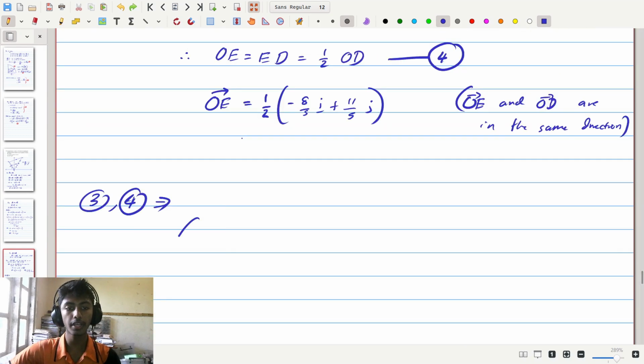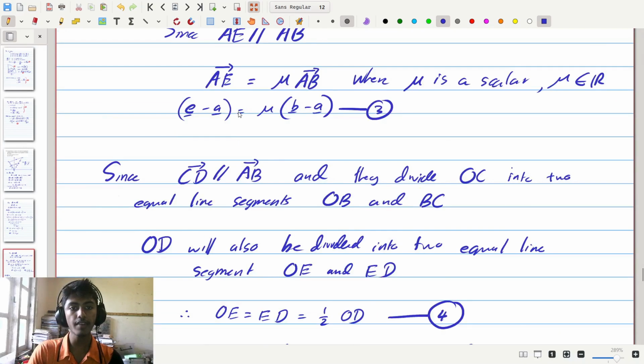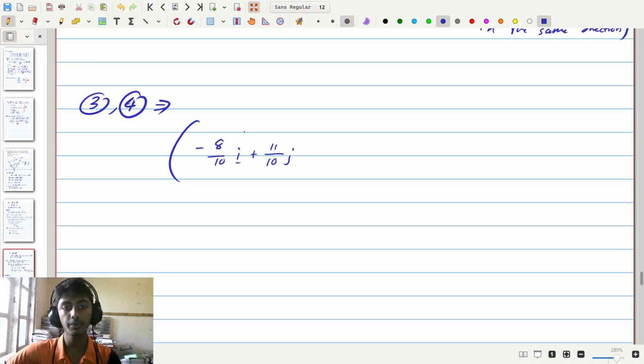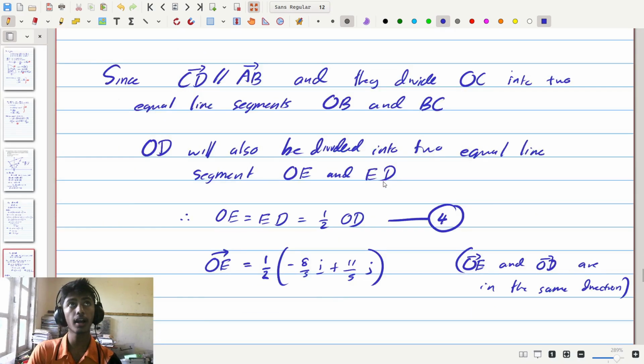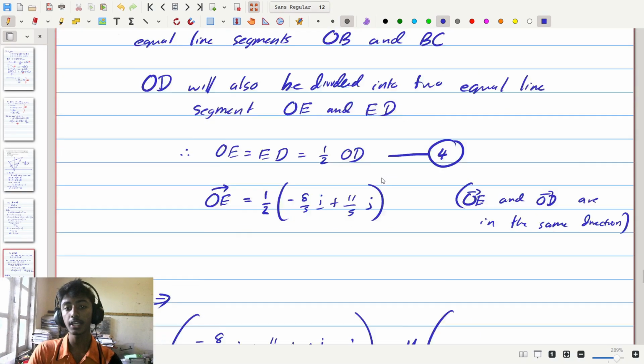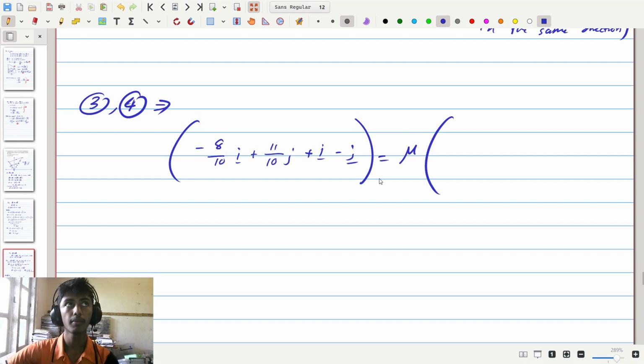Substituting, I get minus 8 over 10i plus 11 over 10j minus A vector, which is minus i plus j, so plus i minus j, equal to mu times, and on the right side we're going to have B vector minus A vector, which is i plus 2j minus minus i minus j, which is i vector plus 2j vector plus i vector minus j vector.